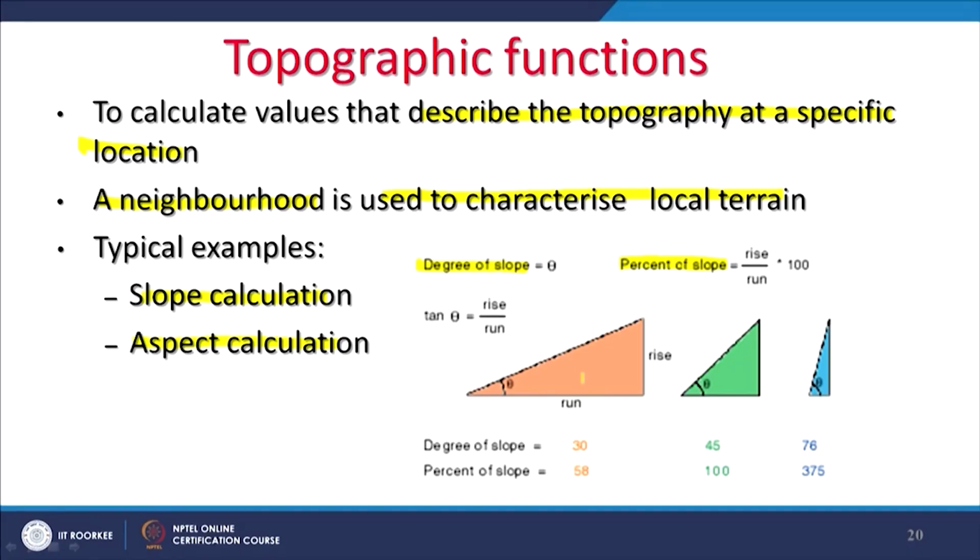It is simple trigonometry: tan theta is based on rise and run. This is our rise, this is our run. If theta is large, like here, we get 45 degree, whereas if theta is less here, we get 30 degree, and in terms of percentage, of course, we can also calculate here.